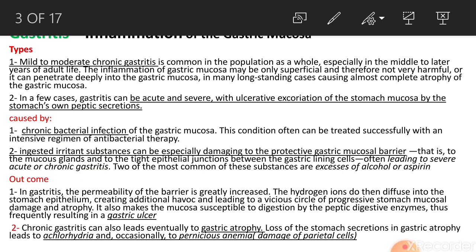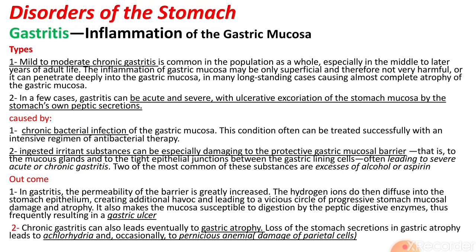Number one, we have the mucus, which is secreted by many gastric glands, and it forms a thin shell around the wall of the stomach, and this mucus plays an important role in protecting the gastric wall.